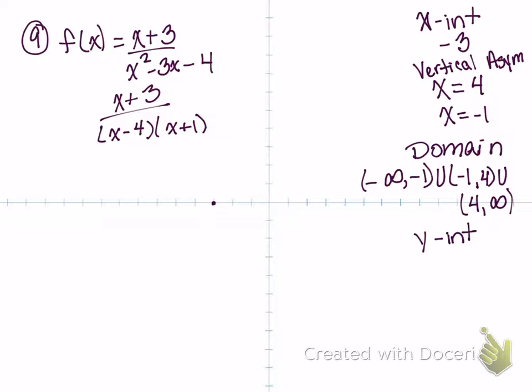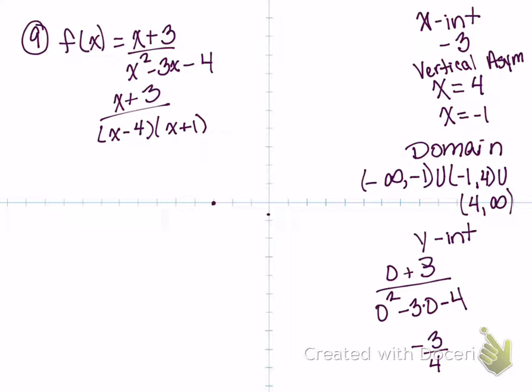In order to determine my y-intercept, I put 0 in for all my x's. So I'm going to have 0 plus 3 over 0 squared minus 3 times 0 minus 4. So my y-intercept is going to be -3/4, and that's going to be about right here.